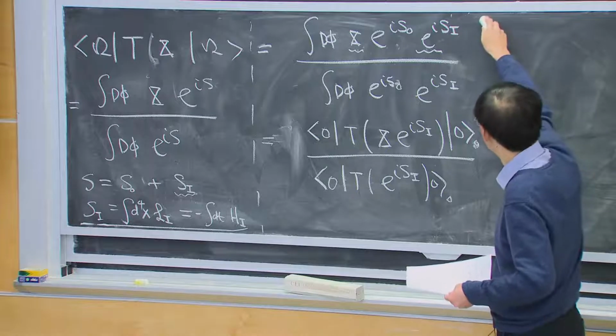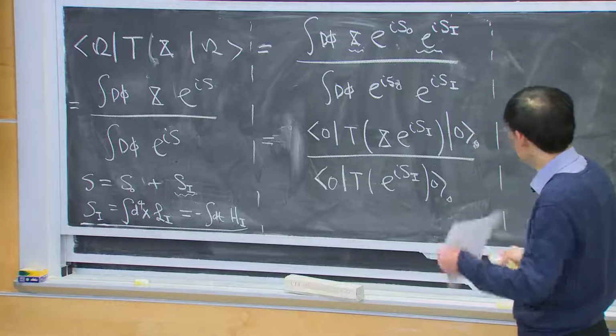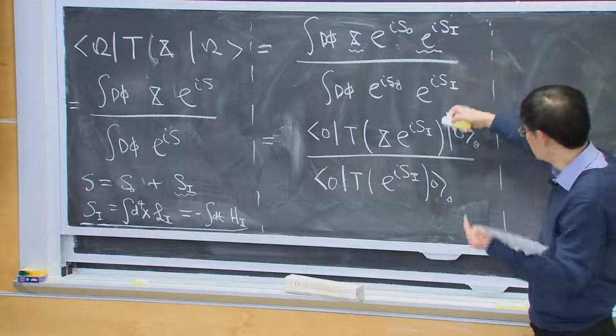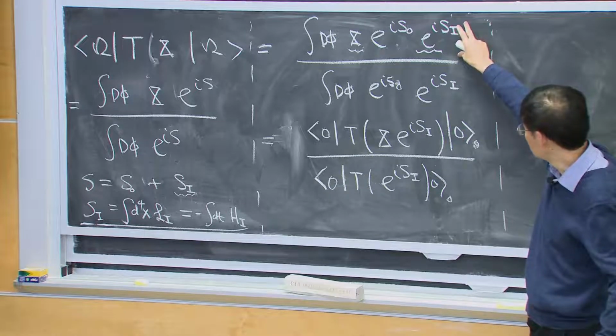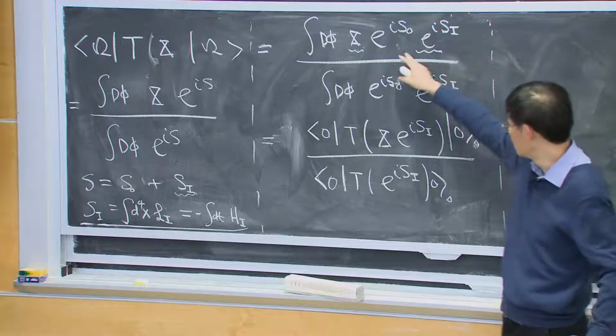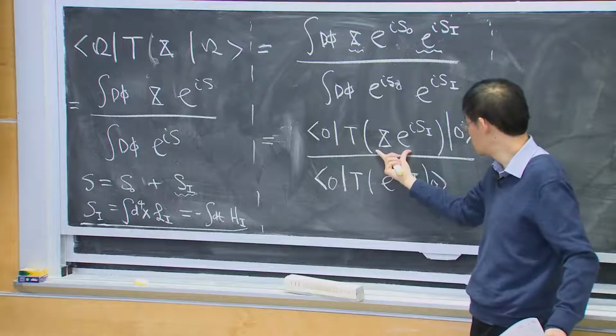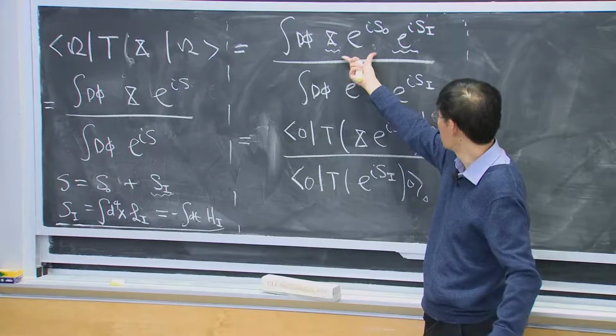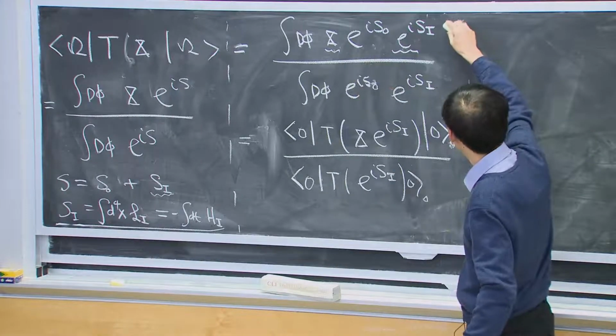In writing from here to here, upstairs we interpret it as a correlation function in the free theory, where 0 here is the free theory vacuum.